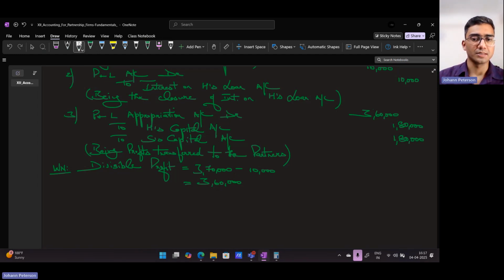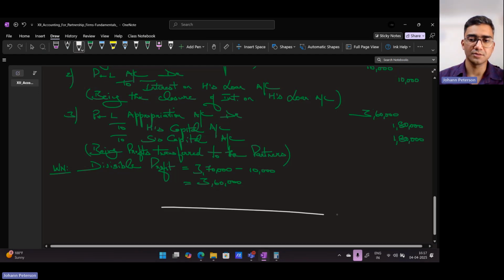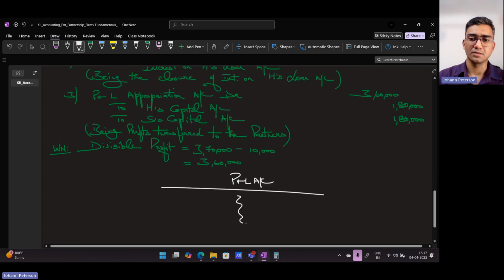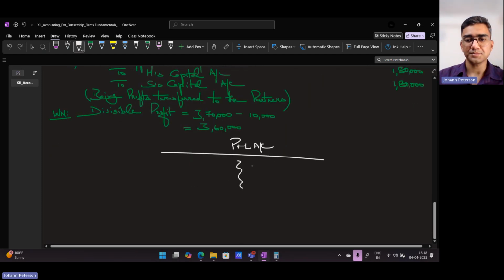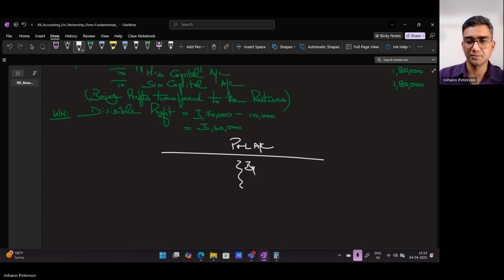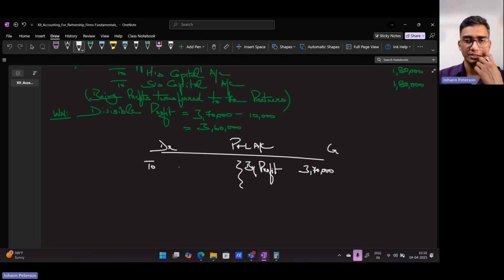If you want, you could understand this divisible profit calculation from here also. So assume that you made a P&L account. In this, you have been given net profit, or just write profit for simplicity. Profit before giving this interest, we have been told it is 3,70,000. And on giving this interest, which is a charge against profit, we will show it reducing our profit in the P&L account.